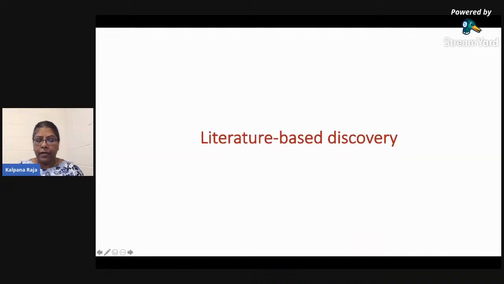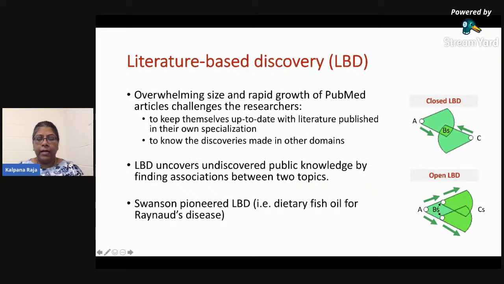So now I'm entering into today's topic, literature-based discovery. Let me give a brief introduction to literature-based discovery, or LBD in short. The overwhelming size and rapid growth of PubMed articles is a challenge for researchers to keep themselves up to date with the literature published in their own specialization and to know the discoveries made in other domains.